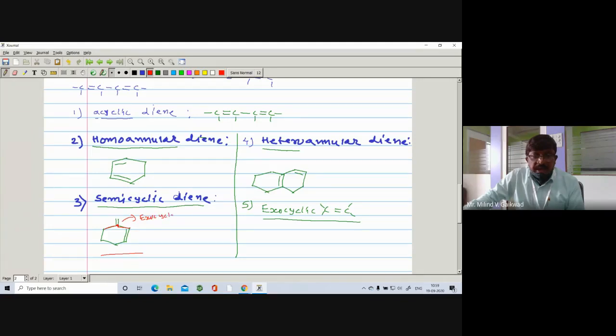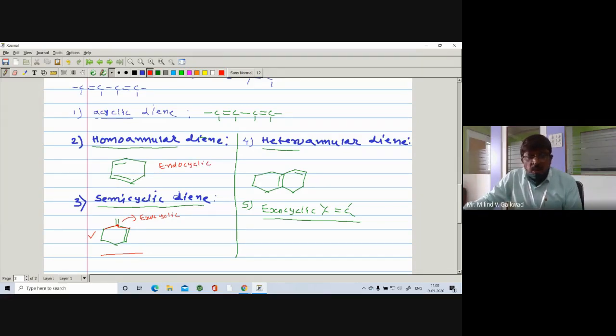If you take this one, the heteroannular diene, if you see, this pi bond is not going outside the ring, it is inside the ring. Such pi bonds are called endocyclic carbon-carbon double bonds.